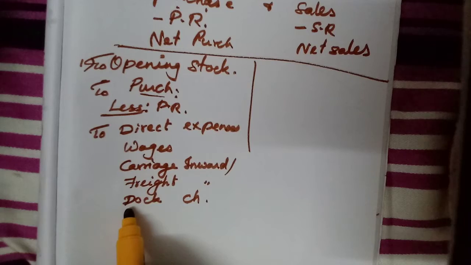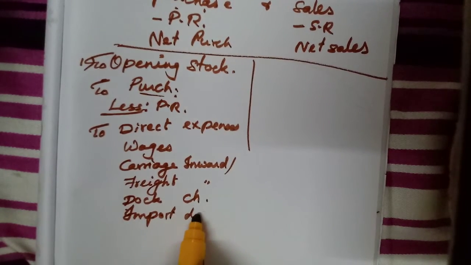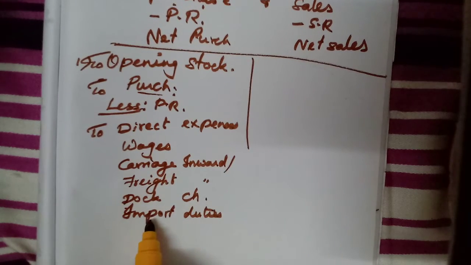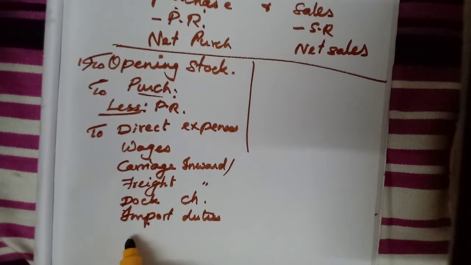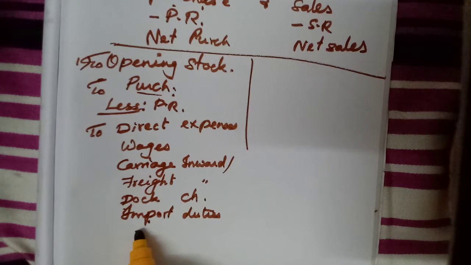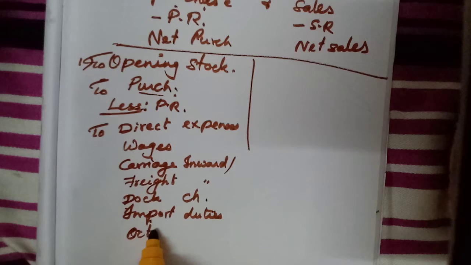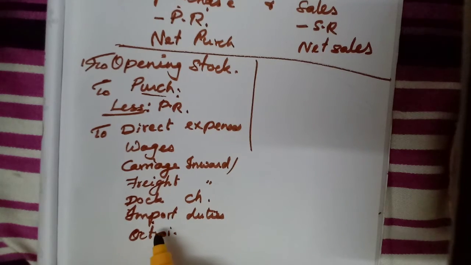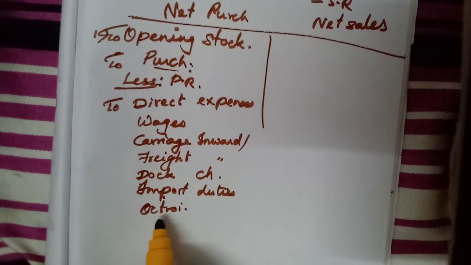Then import duty, the duty that we give for importing those goods. Then if we bring some goods into the municipal area, for that we have to pay one amount. That is called octroi. To bring the goods into the municipal locality, they have to pay one tax, that is called octroi duty.